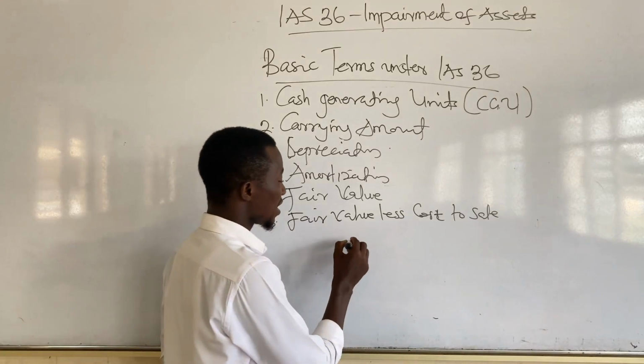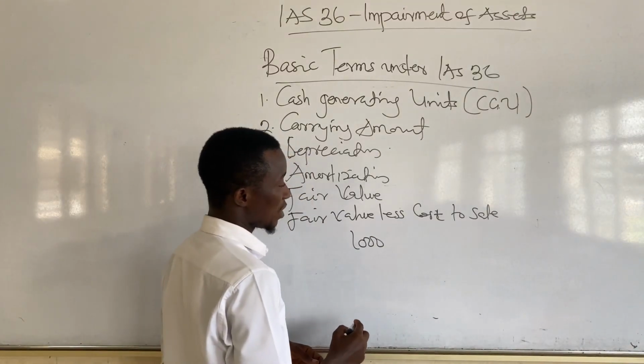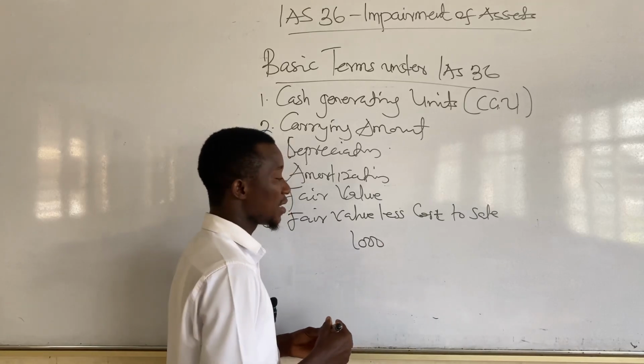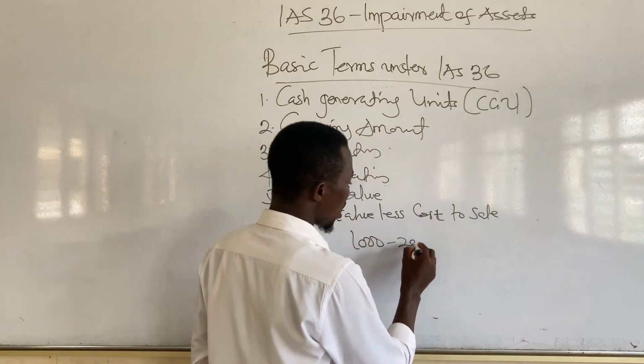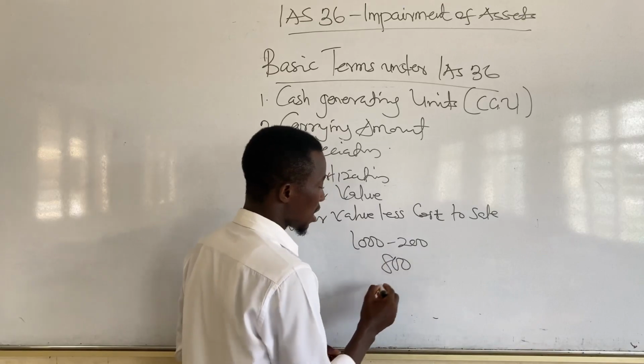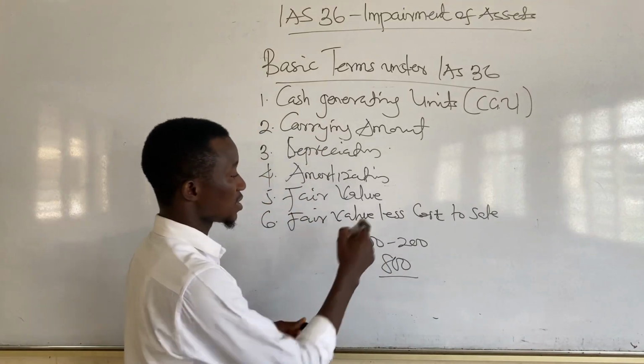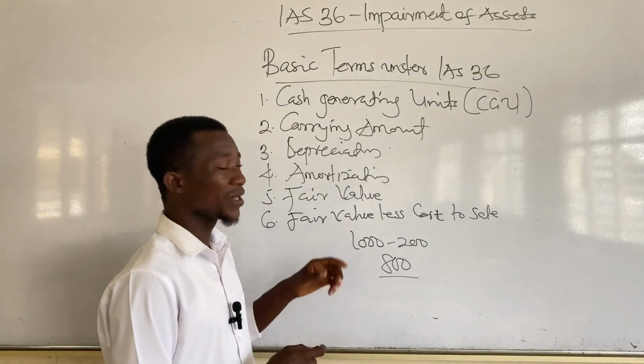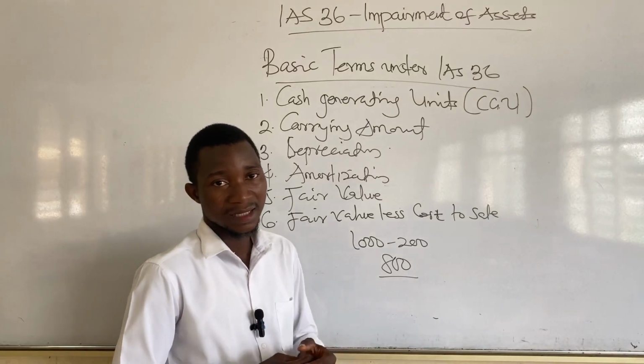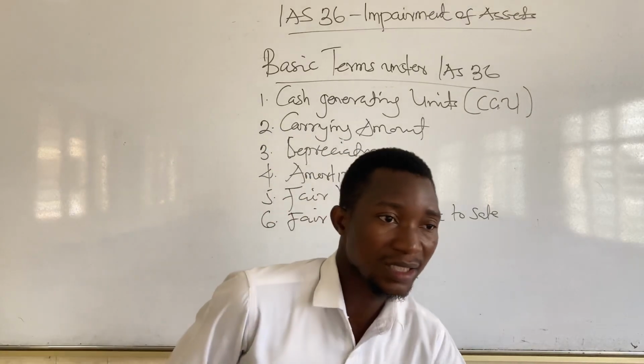So if the fair value of the asset is 1,000 and the cost you incurred in selling this asset is 200, then the 800 becomes the fair value less cost to sell. These are some key terms that we'll be using under IAS 36. So you pay attention to this.